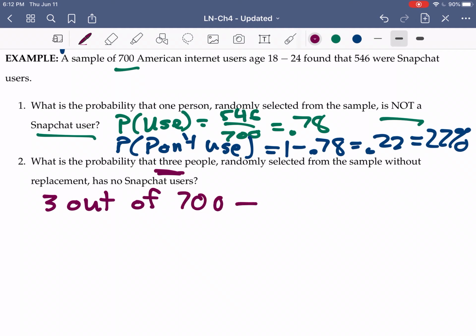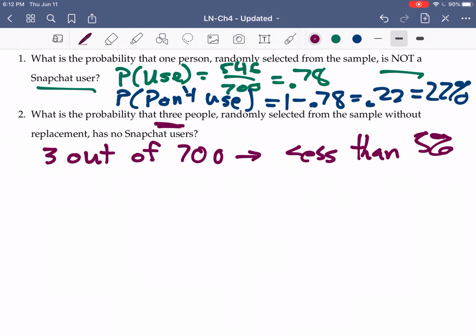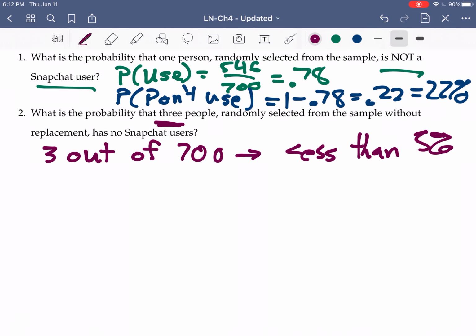And we can observe that this is less than 5%. Right, 3 out of 700 is less than 5%. It's a little bit less than half of a percent, somewhere around there. And so we can treat these events as being independent when in fact they are dependent.